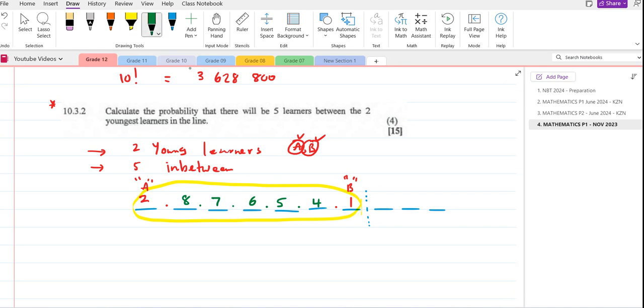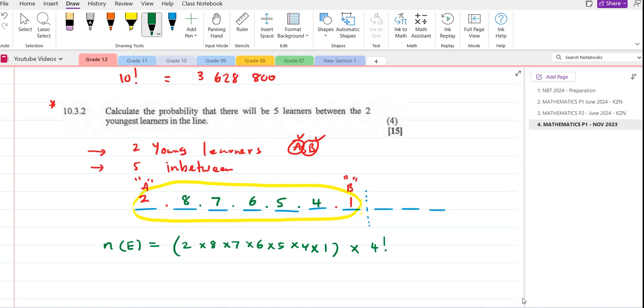So my number of ways, basically the event happening, is going to be 2 times 8 times 7 times 6 times 5 times 4 times 1 times 1, 2, 3, 4. If you're grouping them around, take them as an entity, times 4 factorial.